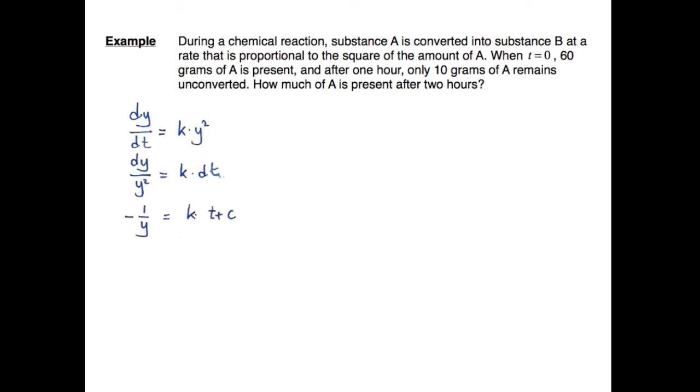Alright, so I skipped the step where I show the integral signs here, but imagine it's the integral of dy over y squared equals the integral of k dt. So negative 1 over y equals k times t plus c, which yields y equals negative 1 over (kt plus c).